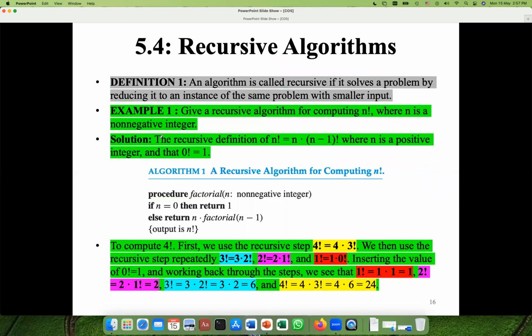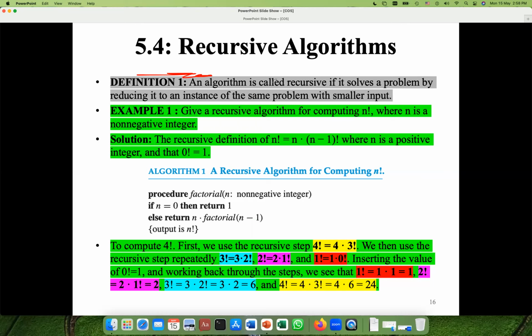By the way, what is a recursive algorithm? I can give you a simple definition. A recursive algorithm is an algorithm which can call itself, which has that property of calling itself. That is called a recursive algorithm.